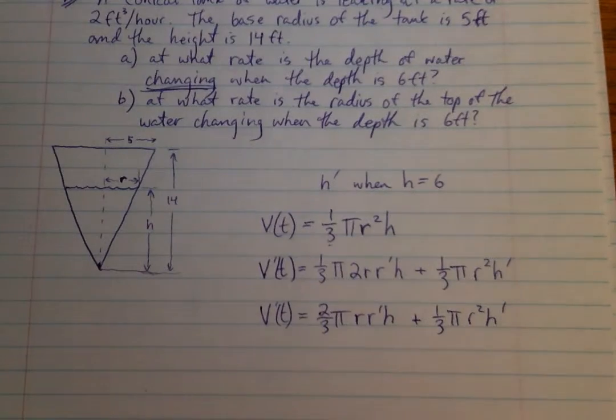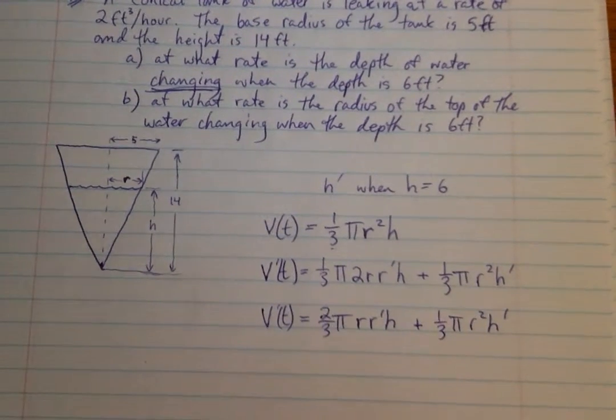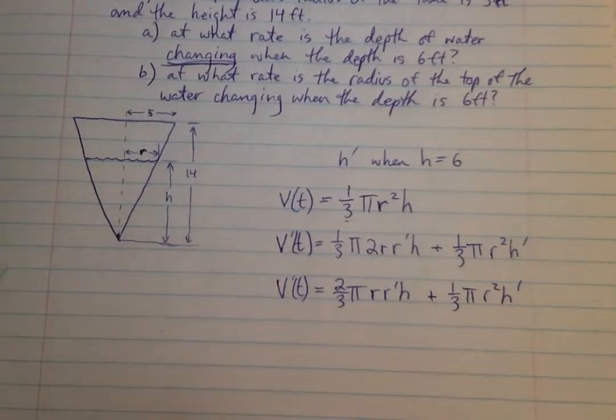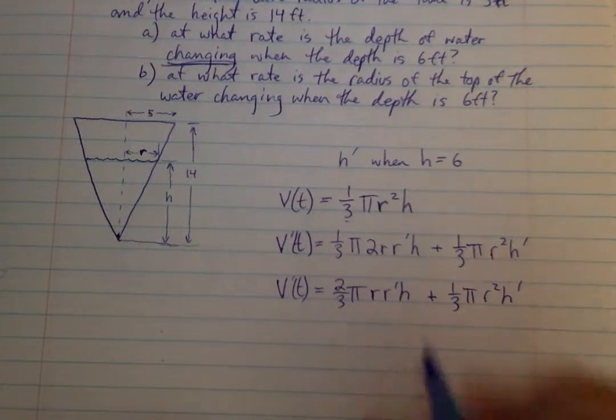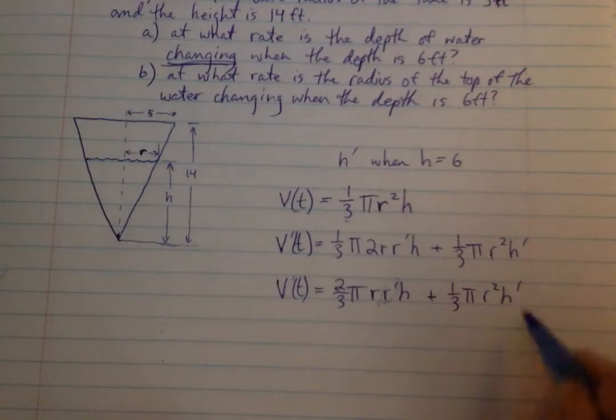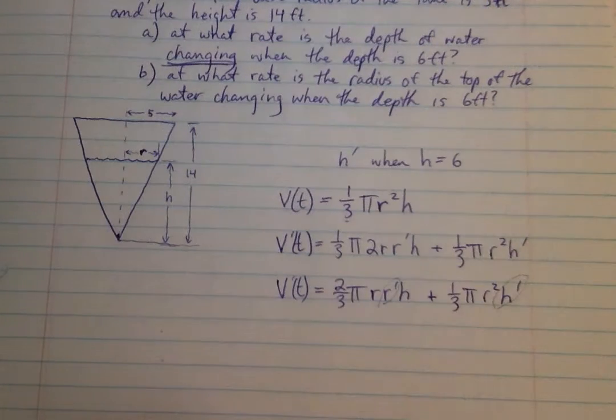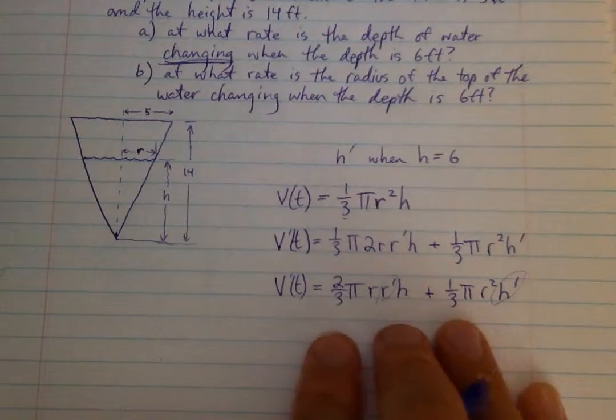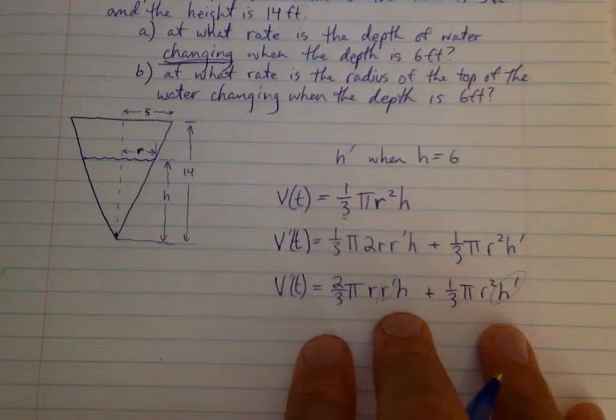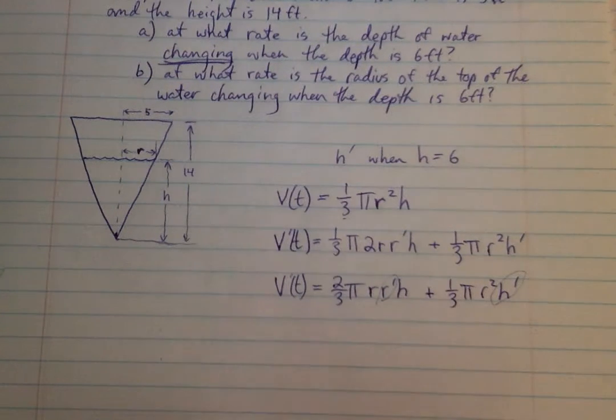Okay, so there is one issue that you will eventually find if you try to do this, and that is that we don't have enough info to find both r prime and h prime in the same equation. Those are two unknowns. So what do we do?